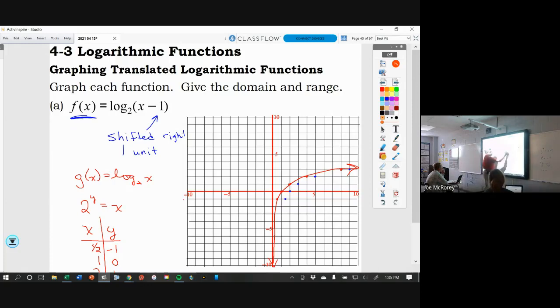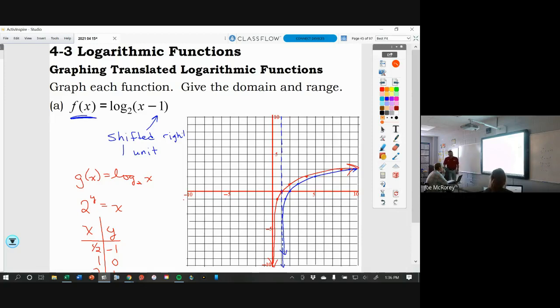Okay, so the blue graph is drawn there. Look at the blue graph.